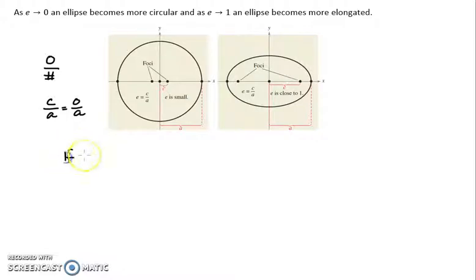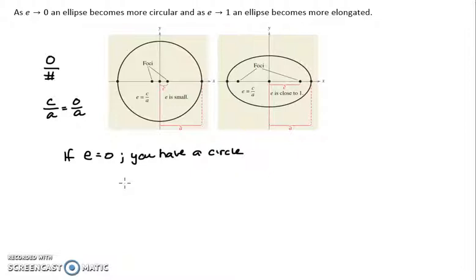So if the eccentricity equals 0, you have a circle. It's really not that the eccentricity is 0, it's that c is 0. But if c is 0, e is 0.